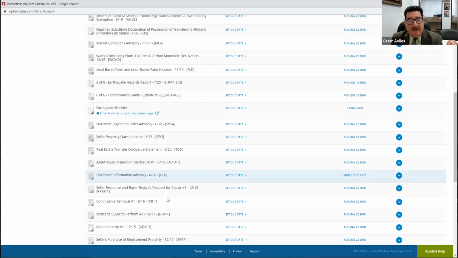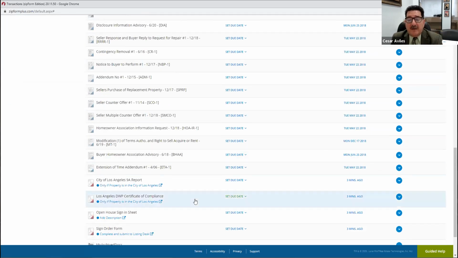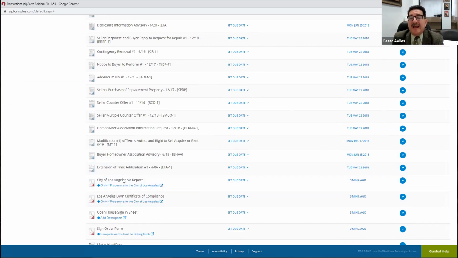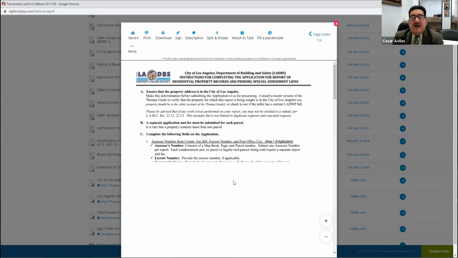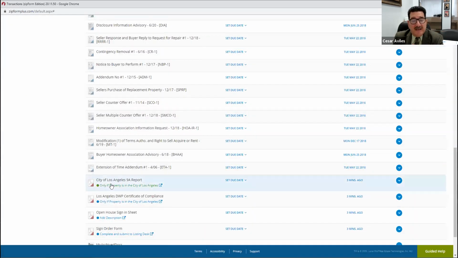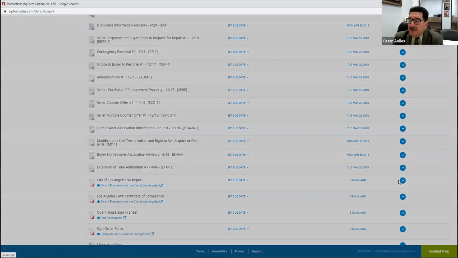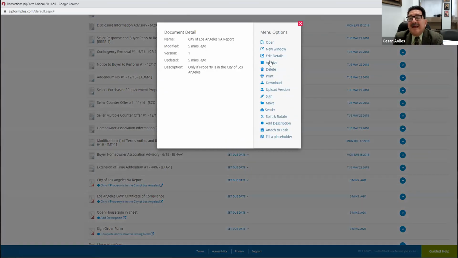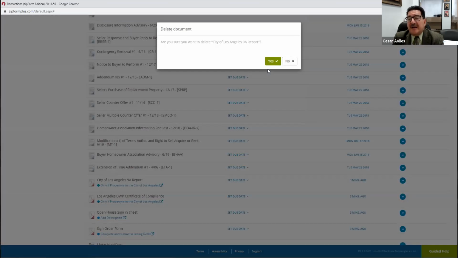So for example, if you go to the bottom, if my transaction is in Rosemead, should I be using this one that says City of Los Angeles 9A report? The answer to that one is no. My listing is not in the City of Los Angeles. So I come over here and I say City of Los Angeles 9A report, I go to the right, I go to the drop-down menu and I say, delete this form. I'm not gonna be using it.